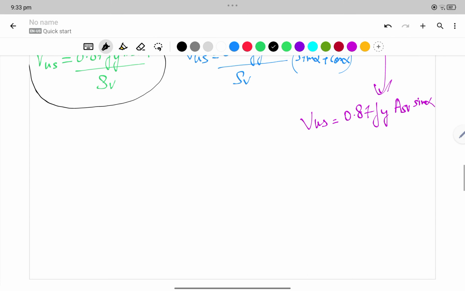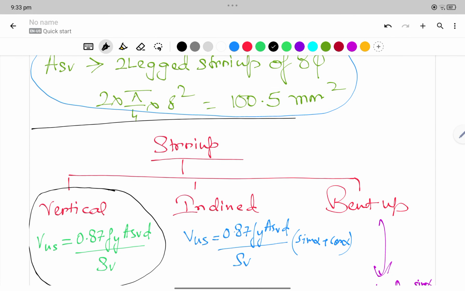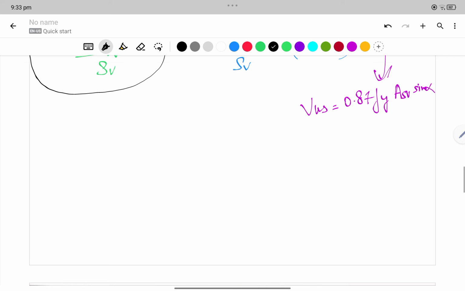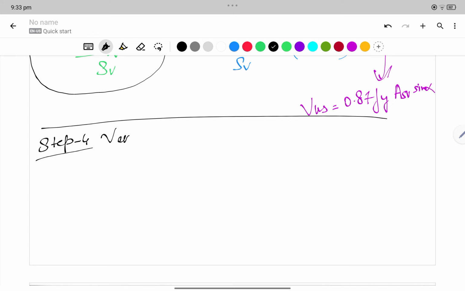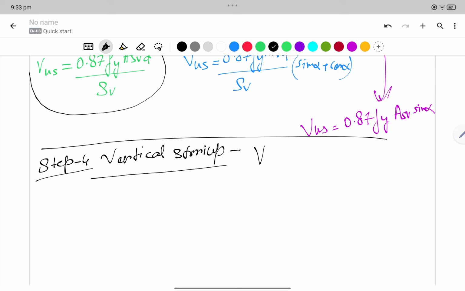Now step 4, vertical stirrup. Step 3 we have done. For vertical stirrup calculation, we have seen the formula as 0.87 Fy ASV into D divided by SV.